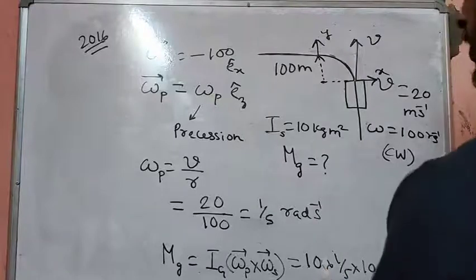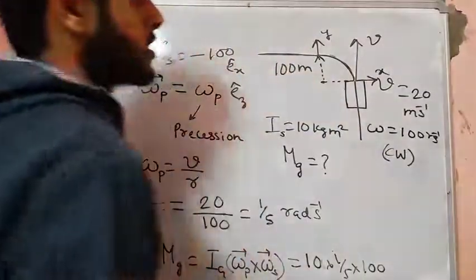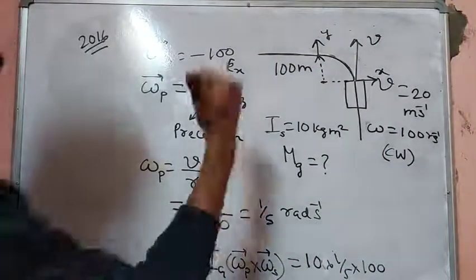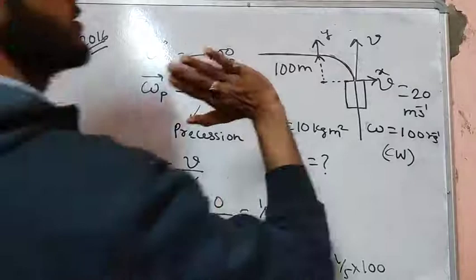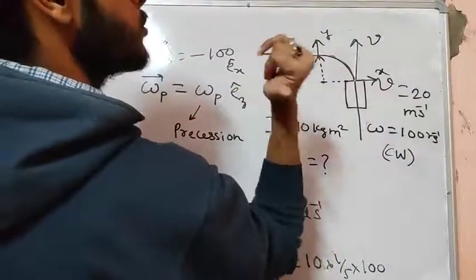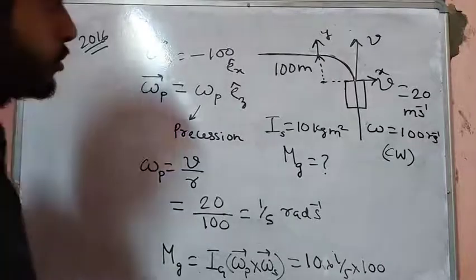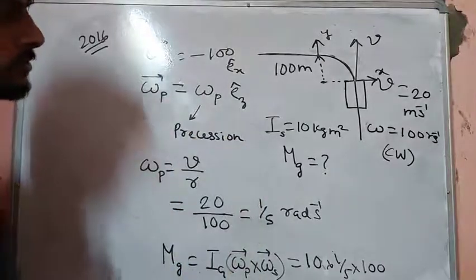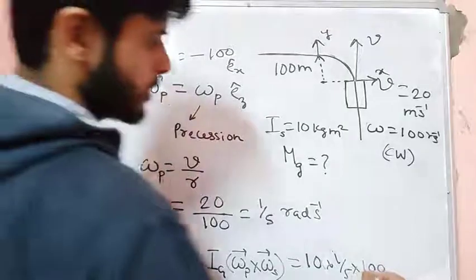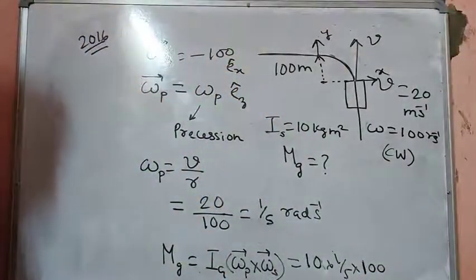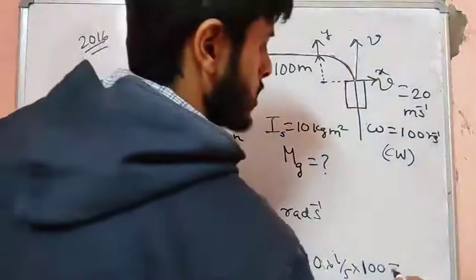So this is our direction: omega p cross omega. What is the direction of omega p cross omega? Omega p is in this direction. According to the right hand rule, Ex cross Ez gives us omega p cross omega. This equals 200.